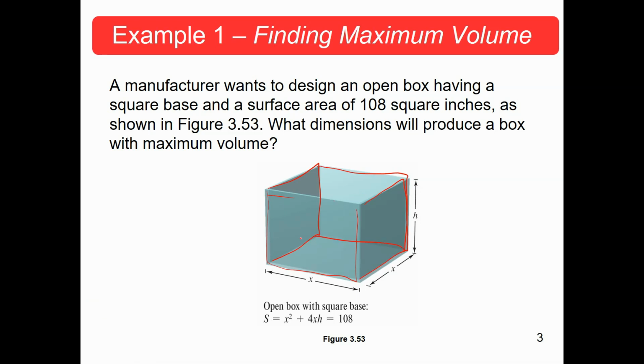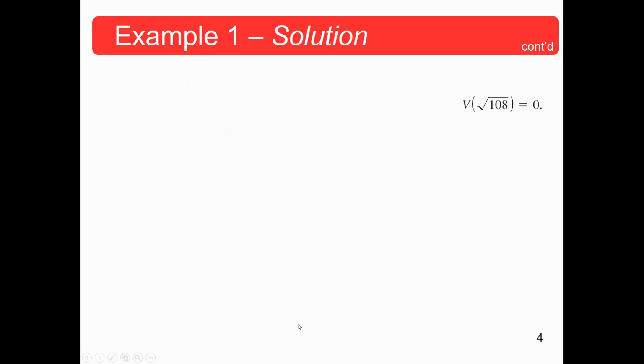Those four different sides all have the same area, which is x times h. There are four of them, so 4xh, and then the base has a surface area of x squared. So our total surface area is x squared plus 4xh, and that equals 108.